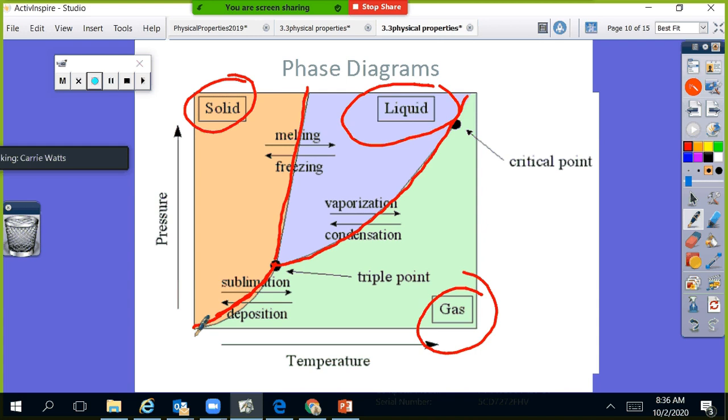If you don't remember those two words, sublimation means going from a solid to a gas directly, and deposition means going from a gas to a solid. I always remember sublimation because it starts with the letter S, and you start with a solid and go to a gas. This shows you the phase diagram, and it depends on temperature and pressure.